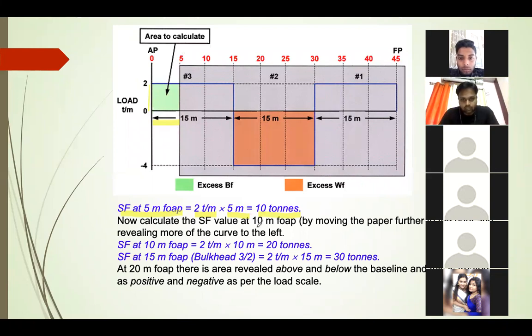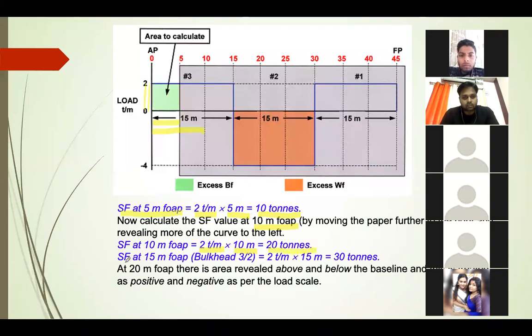Again, if you want to calculate the shearing force at 10 meters, that is from 0 to 10. It will be the same. Your load is still 2 tons per meter, and the distance will be 10 meters. So your shearing force at 10 meters will be 20 tons.